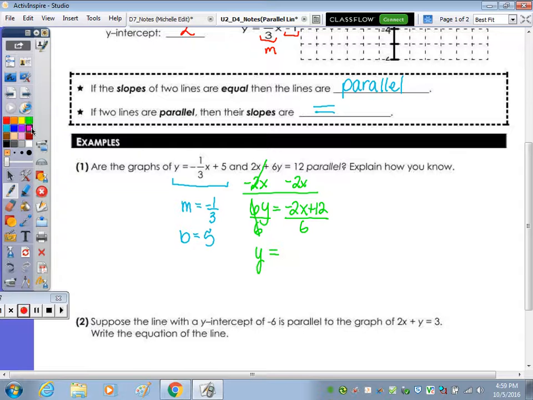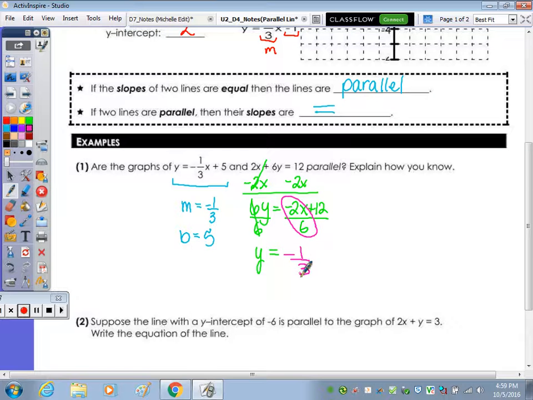Now I'm going to divide the 2 by 6. It doesn't go in equally, so I'm going to write its equivalent simplified fraction form. 2 goes into itself once, and 1 goes into 6 3 times. So this reduces to -1/3, which is really all I'm worried about.